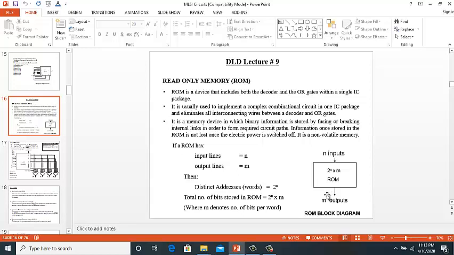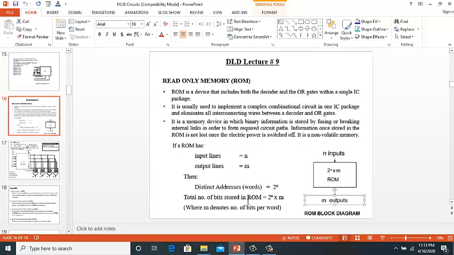It means that it will be able to store 2 raised to power n words. The information which it will store would be 2 raised to power n words. And m means that the number of outputs will indicate the number of bits in every word.